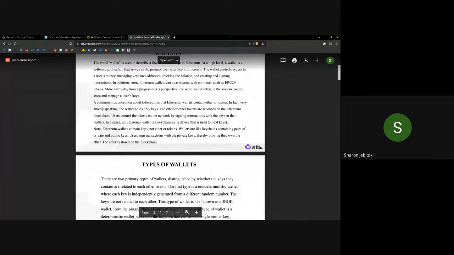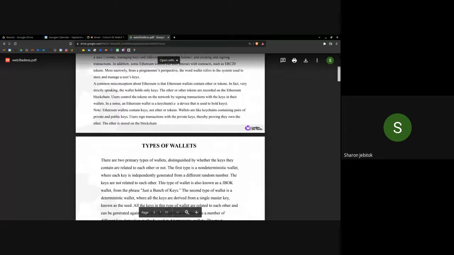We saw one type of deterministic wallet in detail, which is the HD wallet, and its advantages compared to other deterministic wallets.